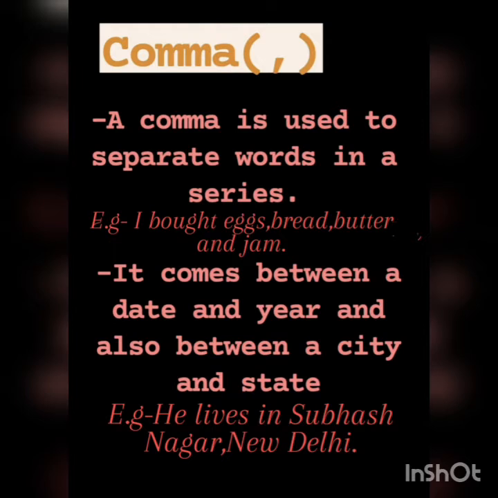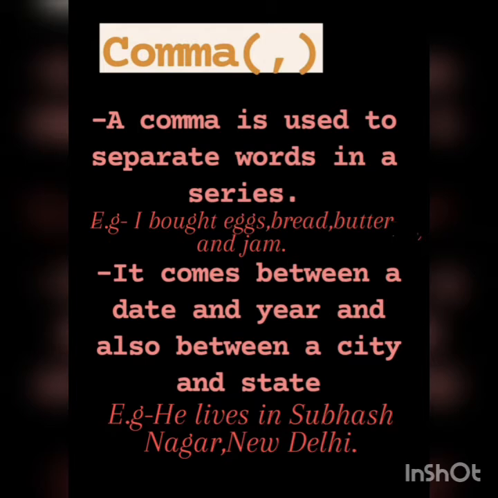When you are writing words in a series, then you need to put comma between them, and before the last word, you need to put and. For example, my friends are Komal, Rashi, Megha and Tamanna. So this is how you will put comma between the names of friends.